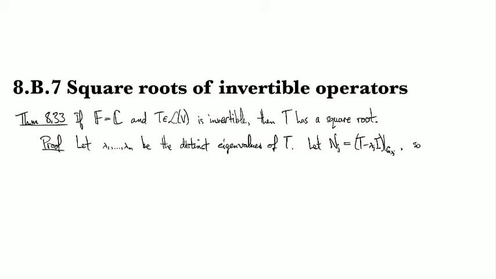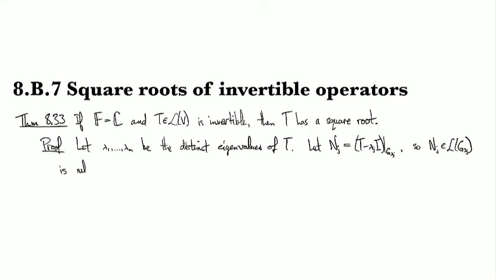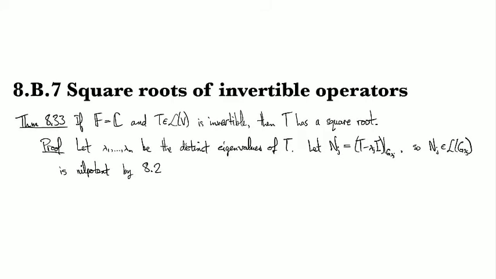And then we know that N_j is going to be an operator on the invariant subspace G(lambda_j), and we also know that it's going to be a nilpotent operator by our generalized eigendecomposition.